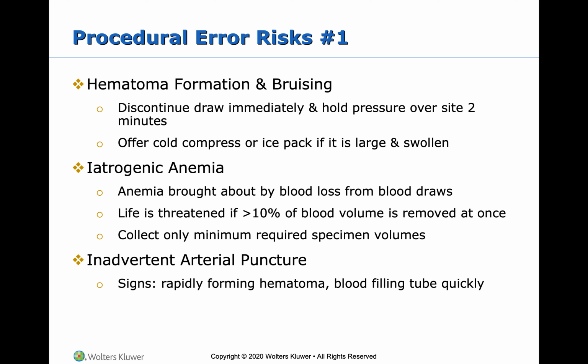Other situations would be excessive or blind probing used to locate a vein. So you're just blindly poking around in there. Oh yeah, the vein's got to be in here somewhere, I'll find it. No, never an option. Not ever. Another is if you do not apply adequate pressure following your venipuncture. So if you just wrap them up and send them on their way, make sure you're checking that the blood has stopped before putting your bandage on.